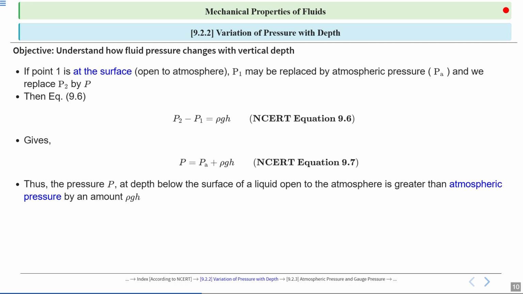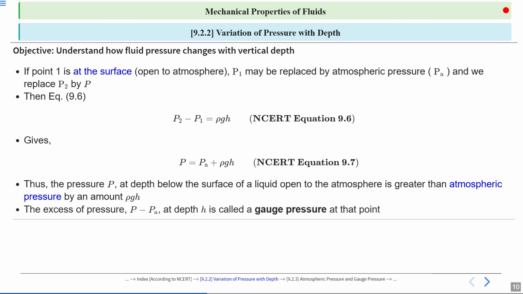This means that as you go deeper into a fluid, the pressure increases because of the weight of the fluid. So the excess pressure at a depth h, which is P minus PA, is known as gauge pressure at depth h.